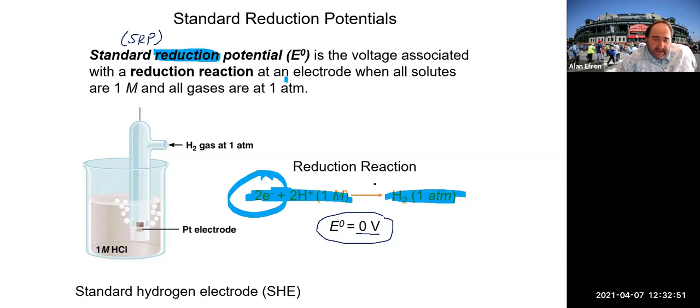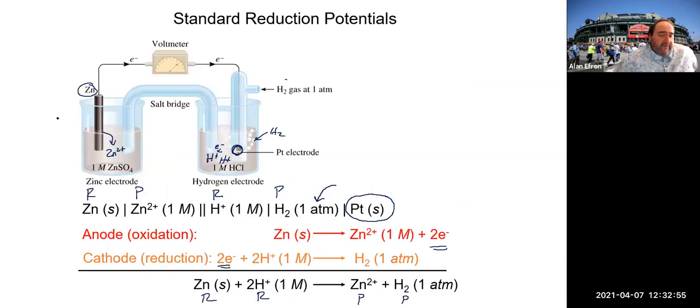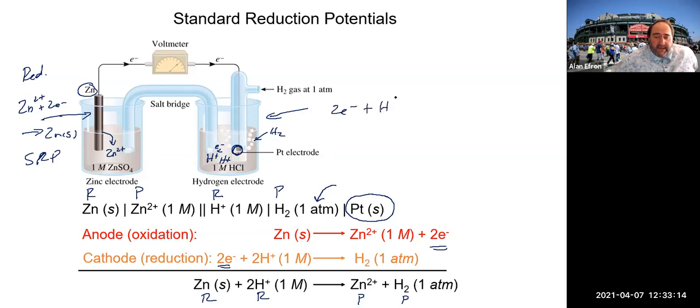So what I mean by that is we will see a table here in just a second. But if we went to the table, we would find zinc written like this, which is a reduction reaction, and it would have an SRP value. We would also find, obviously, hydrogen, as we just saw, written as a reduction reaction.